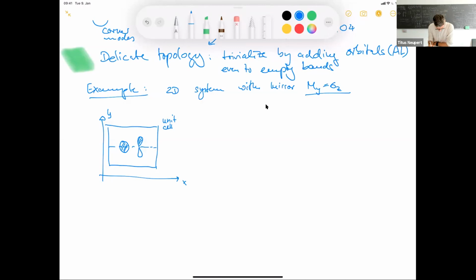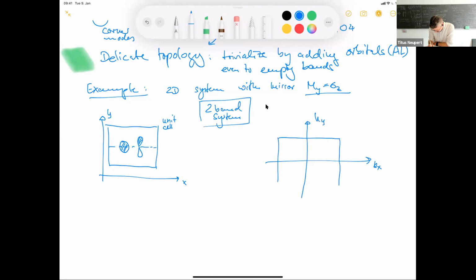And the point is, if this is a 2-band system, then there's one occupied and one empty band, and in the Brillouin zone, I have now the mirror invariant lines, pi and 0 for ky, and on these lines, there is something special happening, namely the eigenstates of the system are constant.